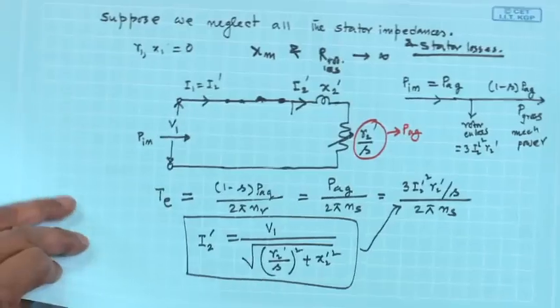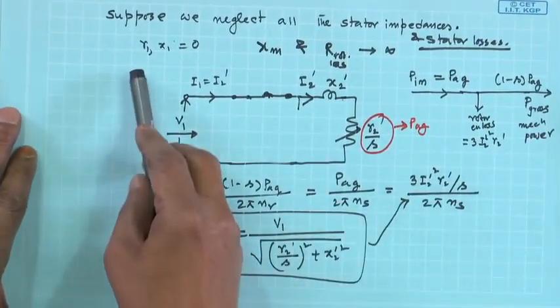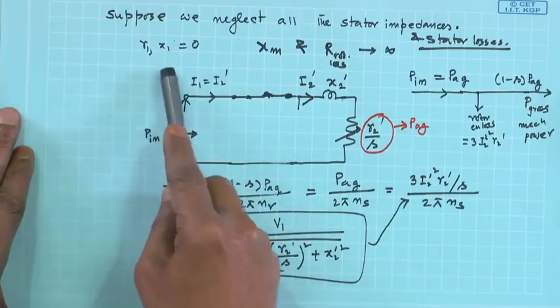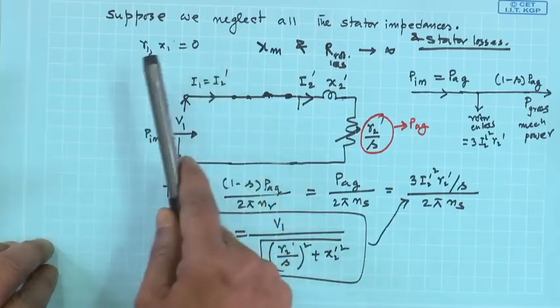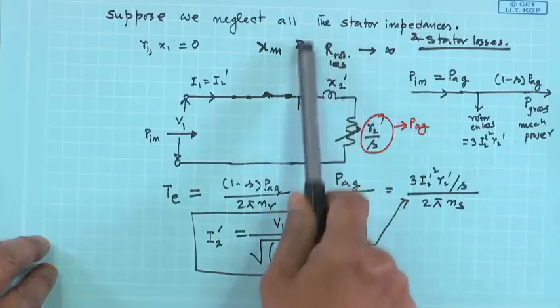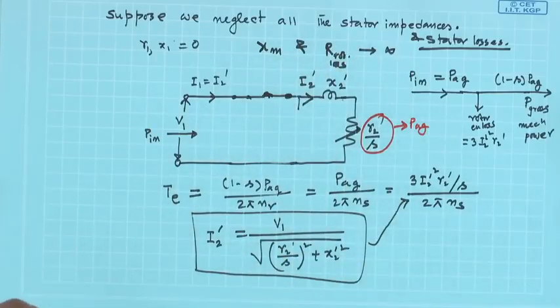What I told is that you find the equivalent circuit assuming that the stator impedance, that is the R1 X1 series part, is vanishingly small, 0, and the parallel branch Xm and the loss representing rotation of the machine.